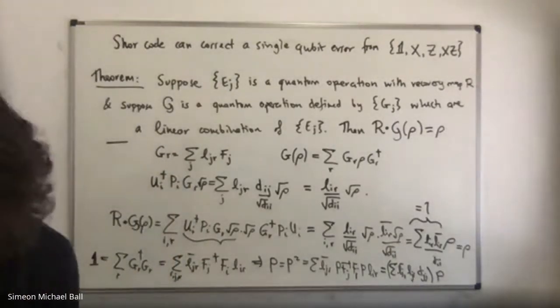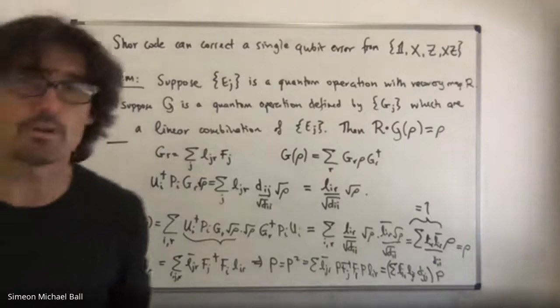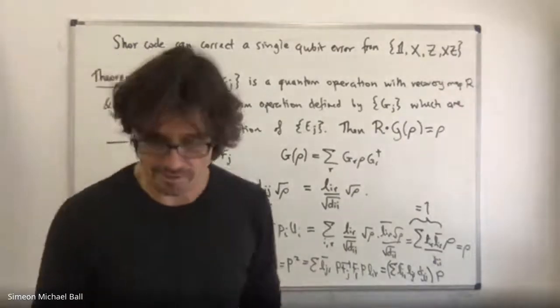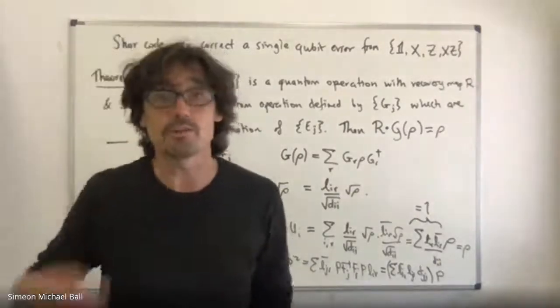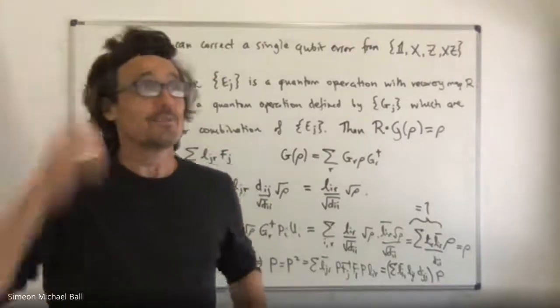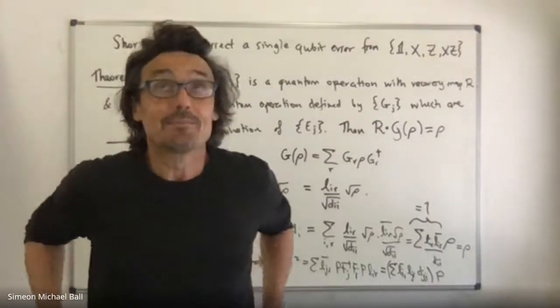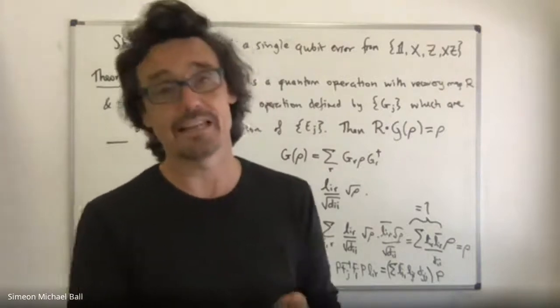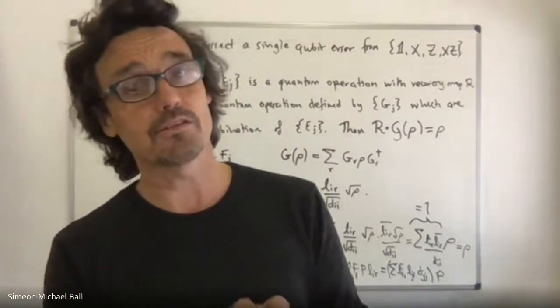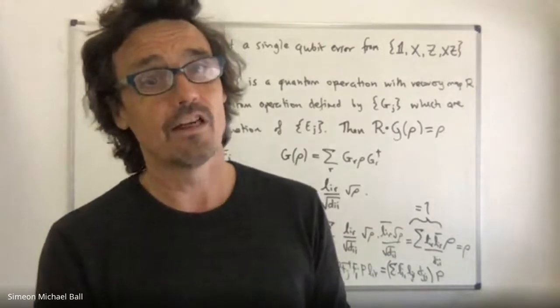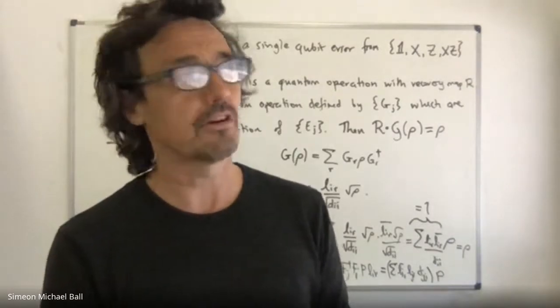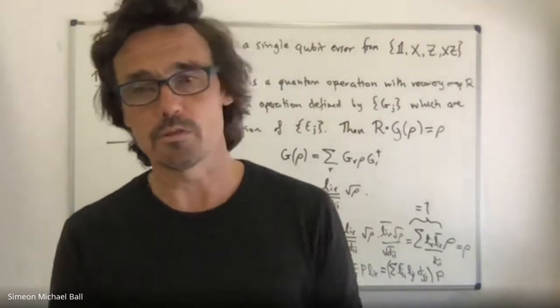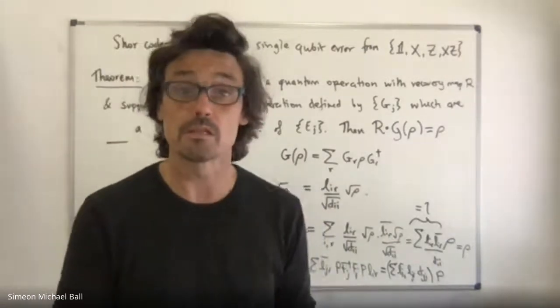Now there was some huffing and puffing last time when we introduced the shortcode, because we effectively encoded one qubit onto nine qubits, and of course, just to be able to correct one error, that's a lot of qubits when we're struggling to make quantum computers with more than 100 qubits.